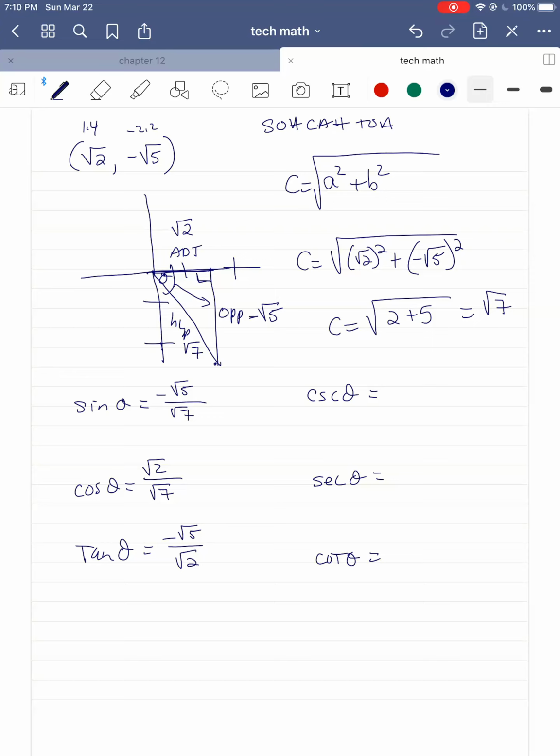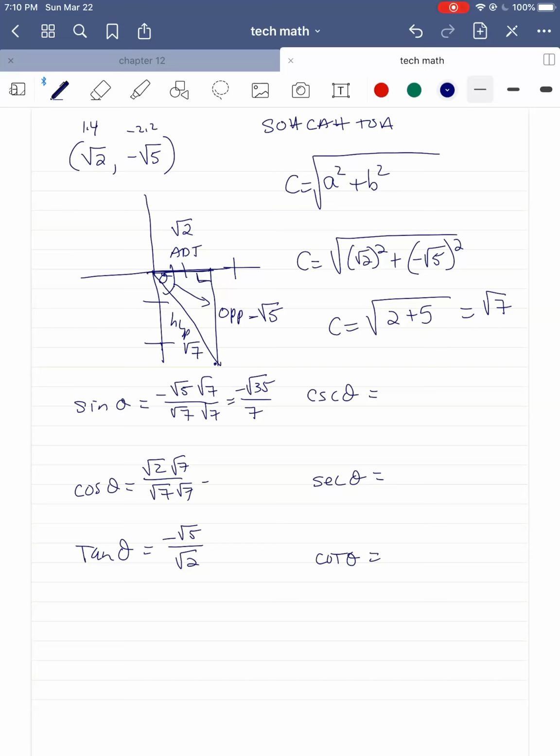Now, I cannot leave a square root in the denominator, so I need to rationalize these. And again, to rationalize, you just multiply by whatever the denominator is, because the square root times the square root is that number. So square root of 7 times square root of 7 is square root of 49, which is 7. And this would be minus the square root of 35.